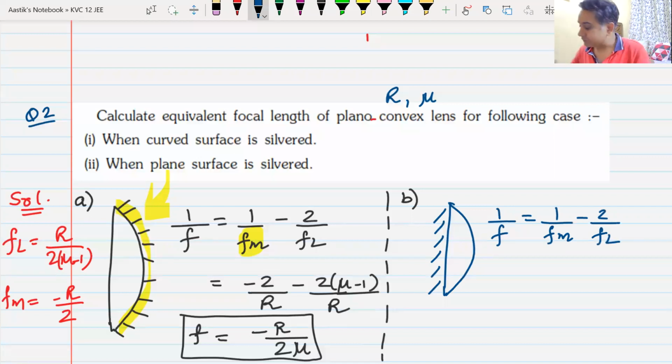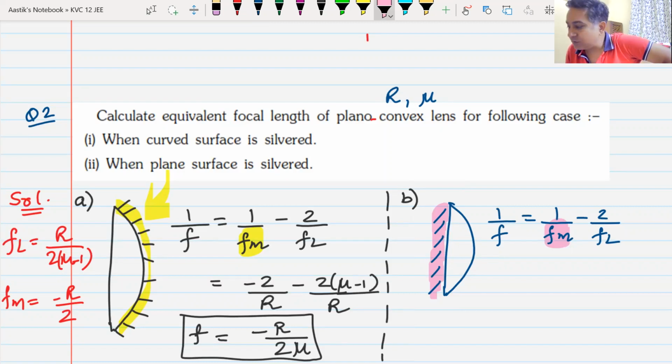But now the lens remains the same, but the mirror becomes this mirror. Do we understand this? What is the focal length of this mirror?